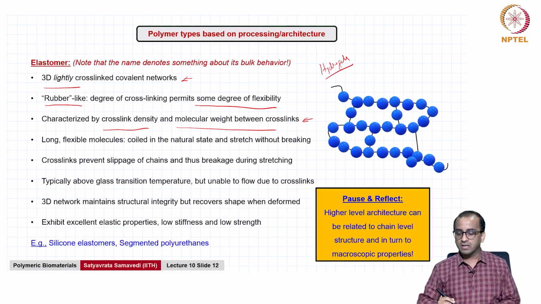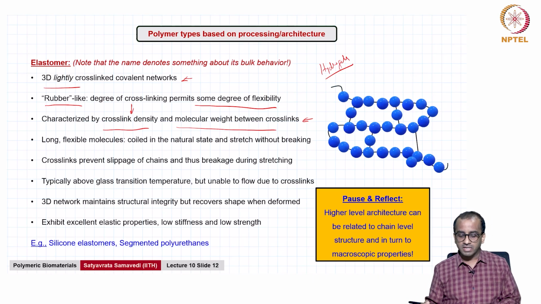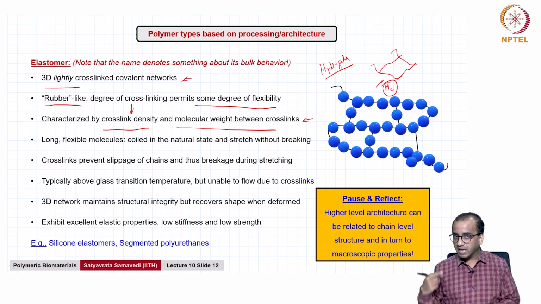But the point I am making here is you can characterize these materials by cross-link density, and it's not very meaningful to think of a molecular weight for these polymers because it's literally one long chain. So, one way to think about molecular weight is to ask what is the molecular weight between cross-links or Mc, which is again a parameter used to characterize these networks that we will make.